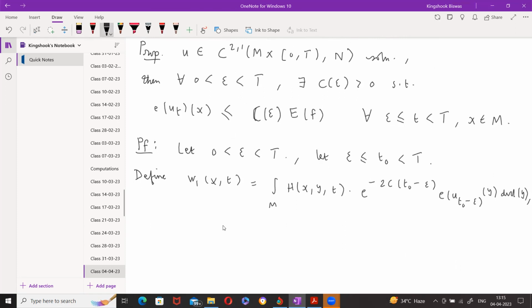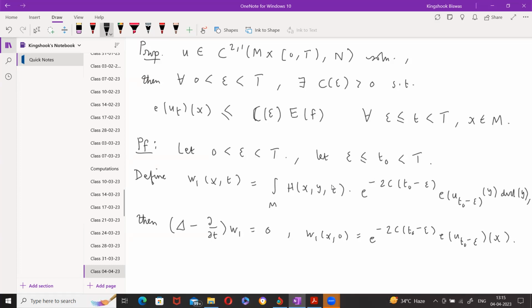Okay. All right. So then Laplacian minus ∂/∂t of w_1 is 0, and w_1(x,0) is e^(-2c(t_0 - epsilon)) energy of u_(t_0 - epsilon) of x.